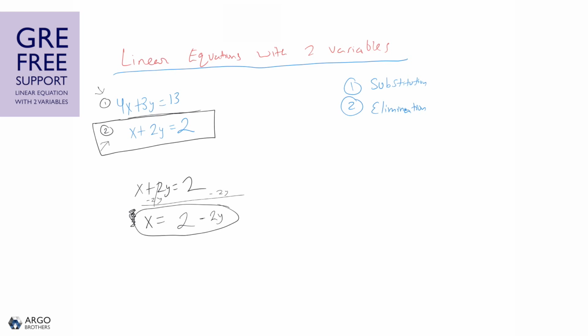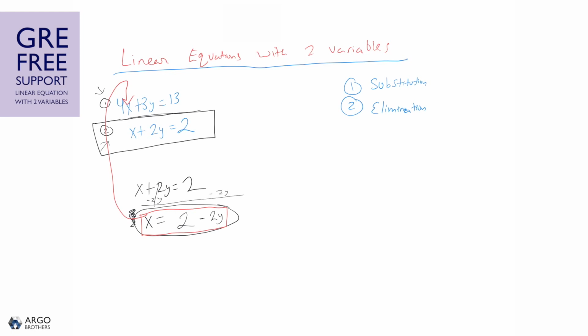So by using substitution, I can take this x is equal to 2 minus 2y and plug it directly into the first equation's x. Why am I doing that? I want to get rid of at least one variable. Right now I have two variables, x and y. It's very ugly, I can't really work with two variables. If I have one variable, I can very easily solve it.